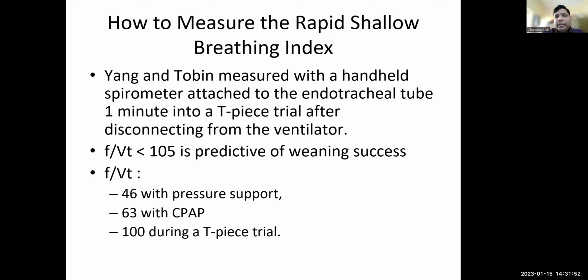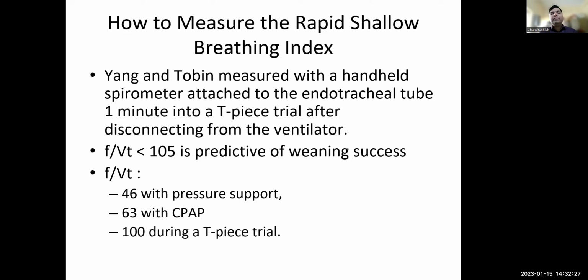However, there are people who studied RSBI on CPAP while the patient is connected to the ventilator, or on low pressure support while connected to the ventilator, because when the patient is connected to the ventilator, you can measure the tidal volume generated and you can measure the respiratory rate. So here they found that this number 100 obviously becomes much less, because the ventilator pressure support is a support to the patient's breathing effort, and CPAP itself is a support to the patient's breathing effort.